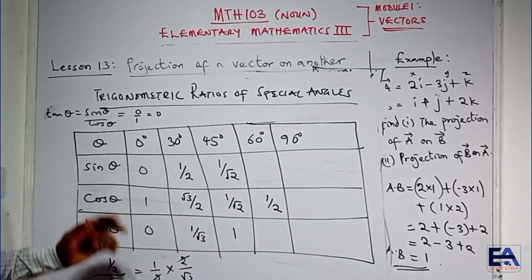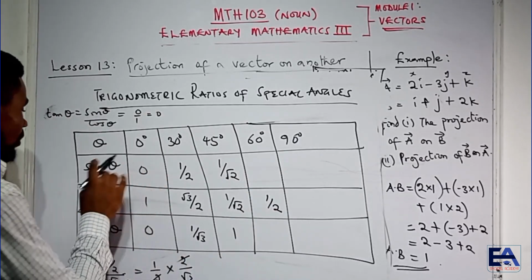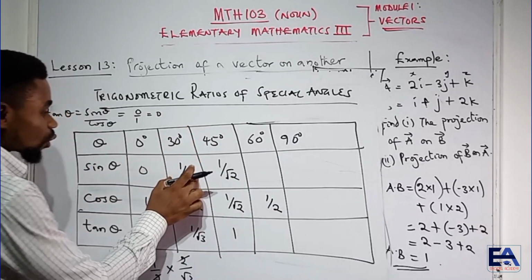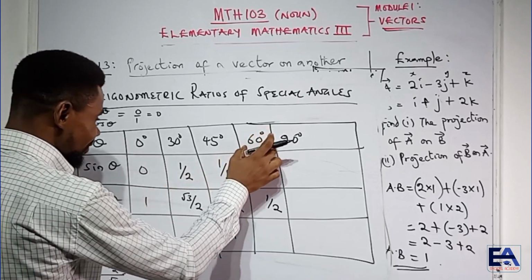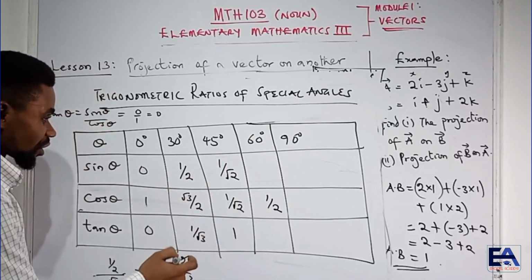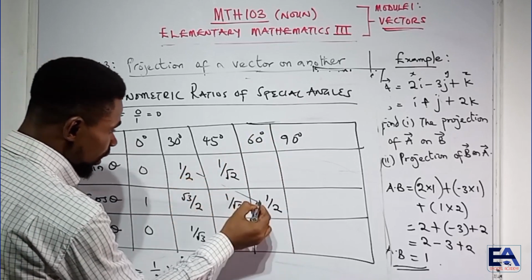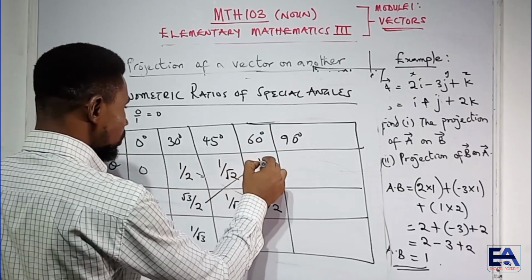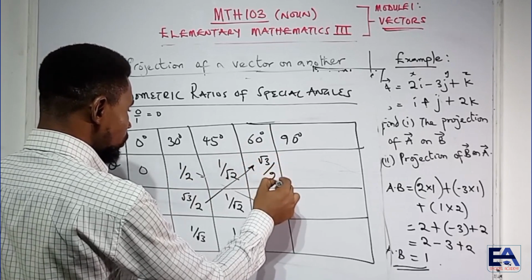What I'm just trying to say is that when we're dealing with 30 degrees, sine theta was half. So when we are dealing with 60 degrees, cos theta will be half. Then they will switch. So we have this one now as √3/2.